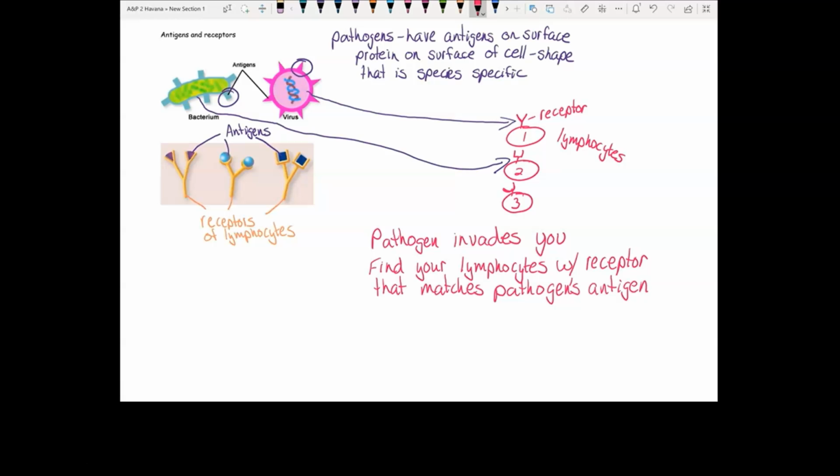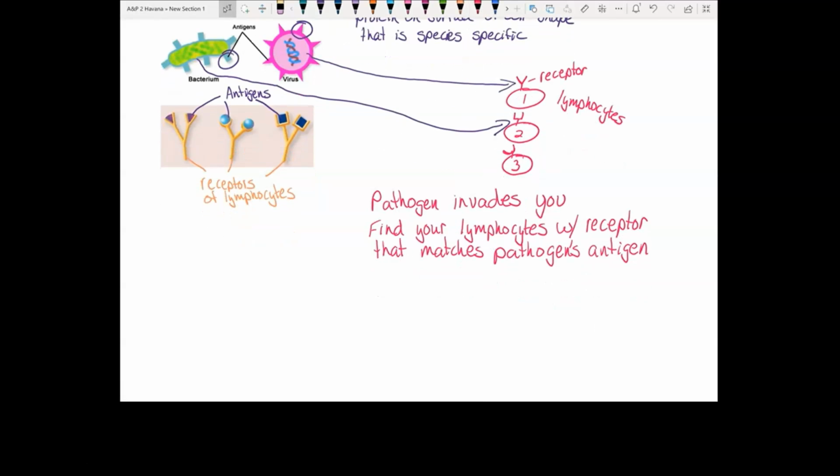Then that is the lymphocyte you will use to fight that pathogen. This is the whole specific aspect of the third line of immunity.